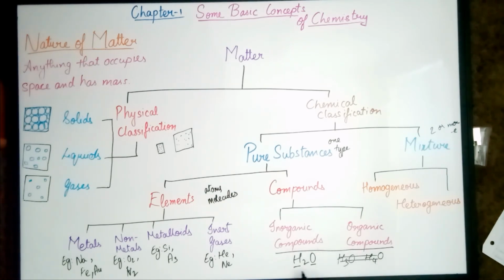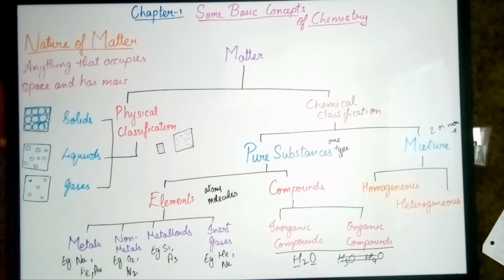No matter where you go, the formula of water will remain H2O, which means it has two hydrogen atoms and one oxygen atom. And this formula will not change irrespective of where you go and what the source is. We'll be learning in detail about this in one of the theories of chemical combination.